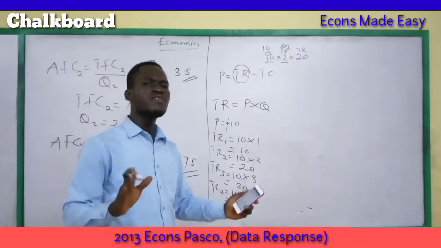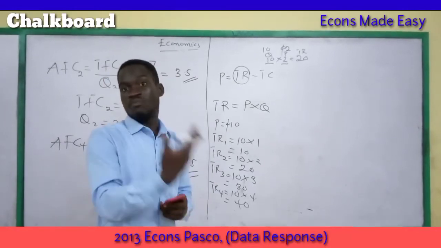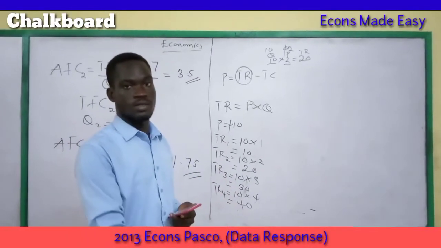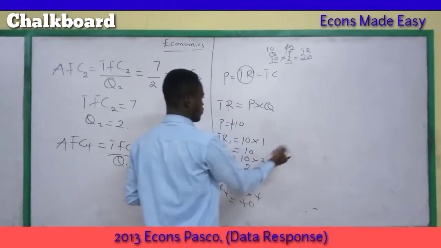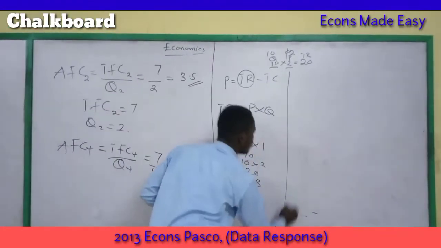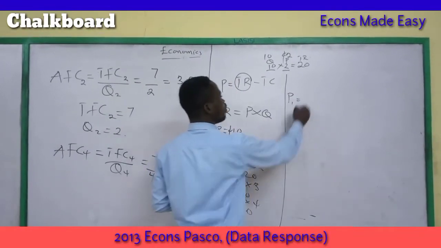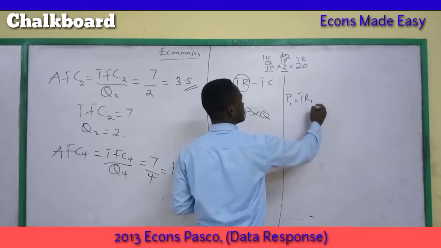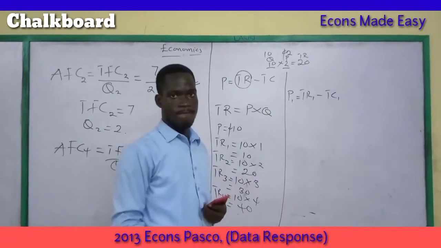So it's going to be easy for us to find for our profits. If you are going to incur profit or incur what? Loss. And so our profit, let's take the output 1. So our profit for output 1 is going to be total revenue of output 1 minus total cost of what? Output 1.